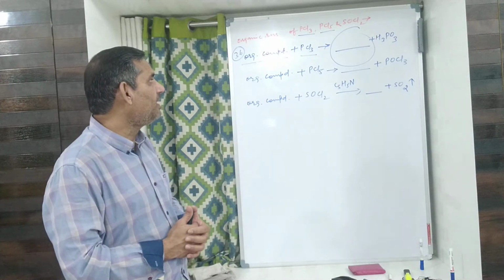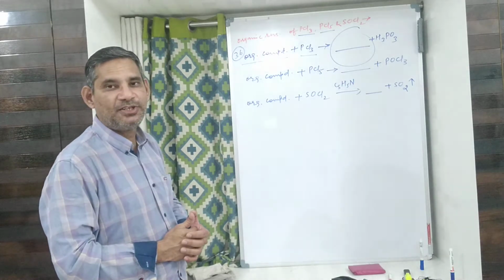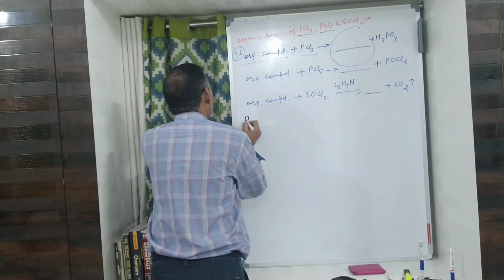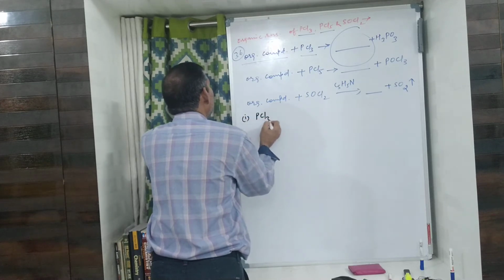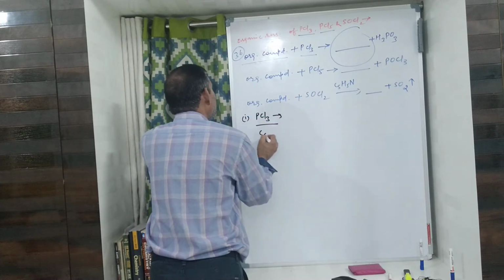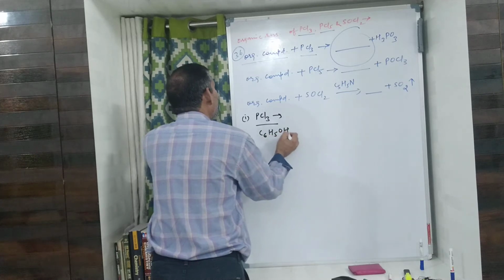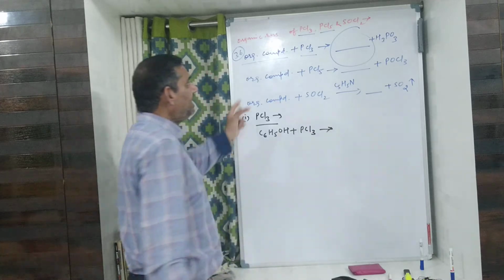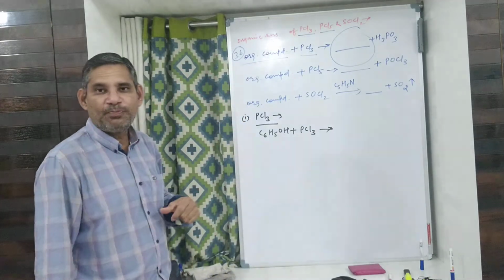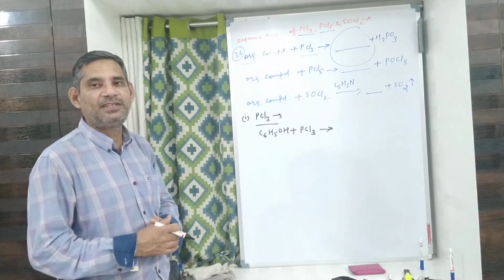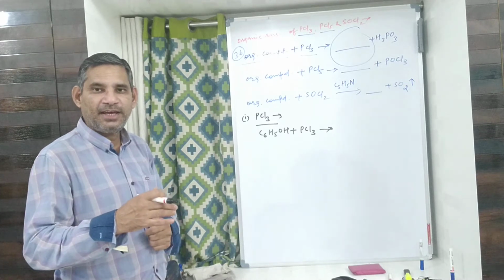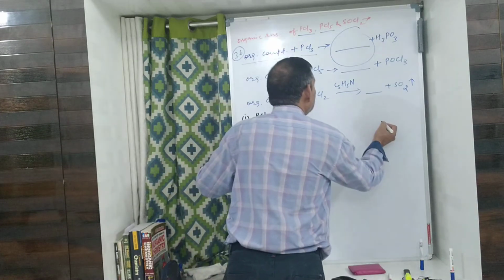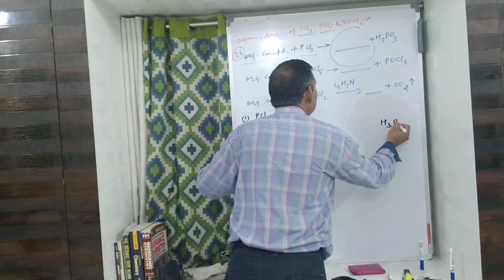Here I will be taking one reaction of phenol with PCl3: C6H5OH plus PCl3. As I have already told you, whenever the reactant is PCl3 in any organic reaction, the product formed will always be H3PO3.